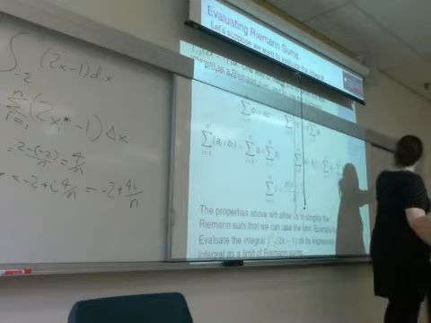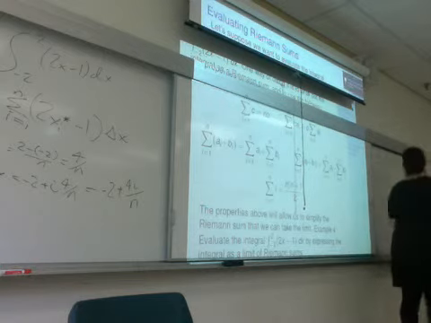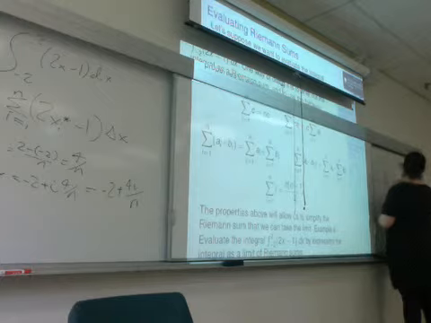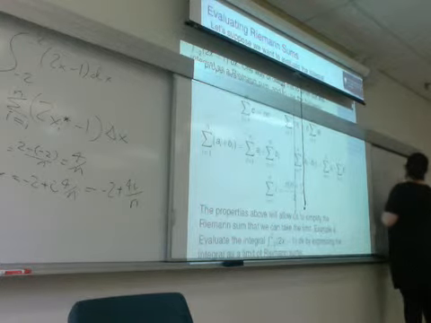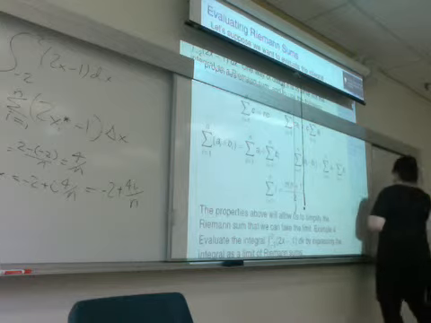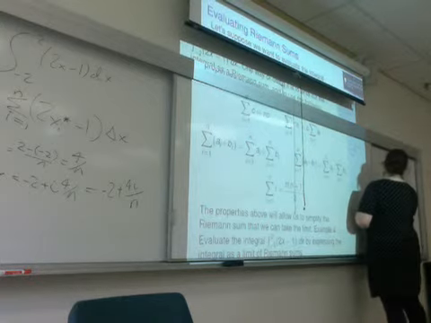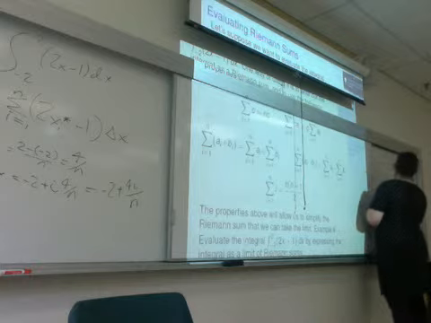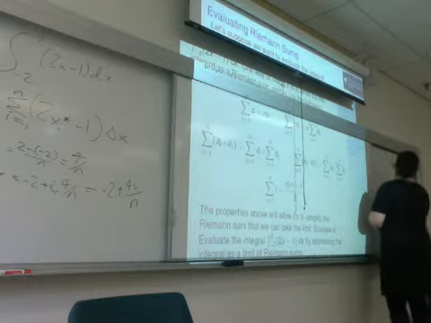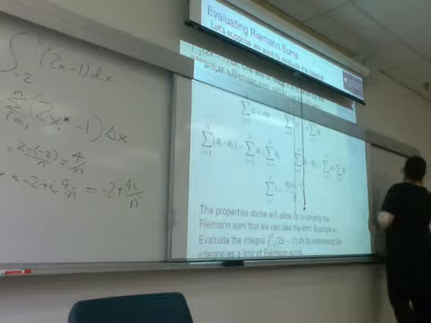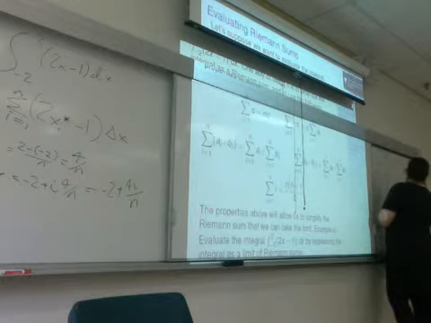So, we can multiply this thing out. 2 times negative 2 is negative 4. 2 times 4i over n is 8i over n, minus 1, all times 4 over n. Now we have the limit as n goes to infinity, sum i equals 1 to n, negative 4 minus 1 is negative 5 plus 8i over n, all times 4 over n.